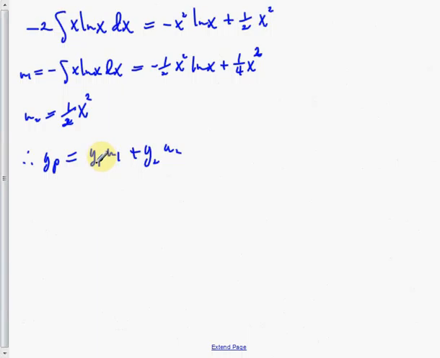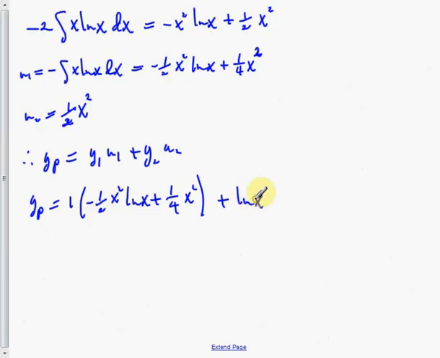And I think we had y sub 1 was 1, and y sub 2 was natural log of x. So y sub p is equal to 1 times all of this for u sub 1, negative 1/2 x squared natural log of x plus 1/4 x squared, and then plus the natural log of x, and then u sub 2 is the 1/2 x squared.